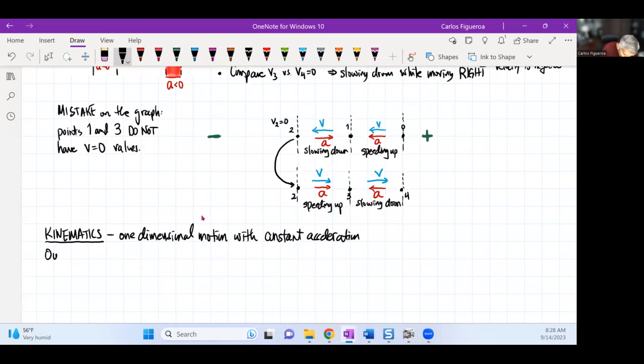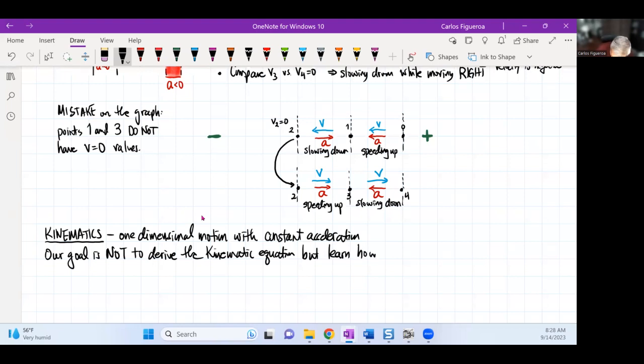So our goal is not to derive the kinematic equations, but learn how to use them. I don't think you get anything by deriving them.